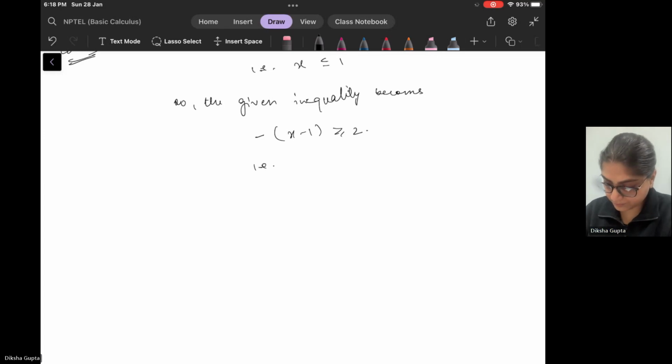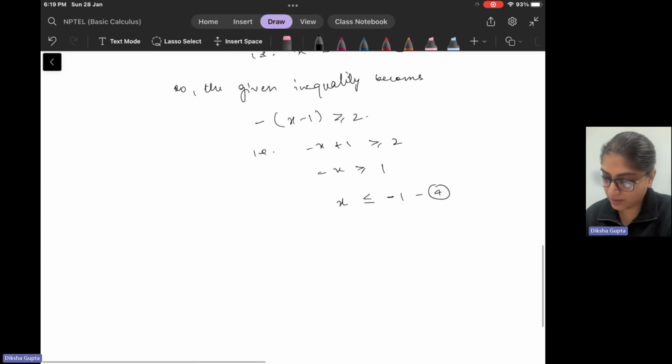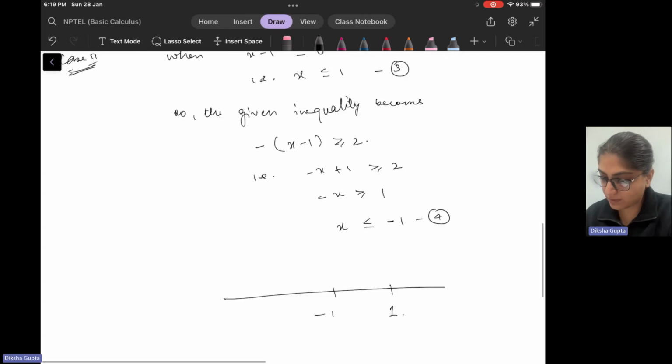That is minus x plus 1 greater than equal to 2, so minus x greater than equal to 1. Multiplying by a negative changes the inequality, so x is less than equal to minus 1, right? So we want both the conditions 3 and 4 to be satisfied. It is easier to see the conditions when we plot them on a number line. So we want x to be less than equal to 1 and x to be less than equal to minus 1.